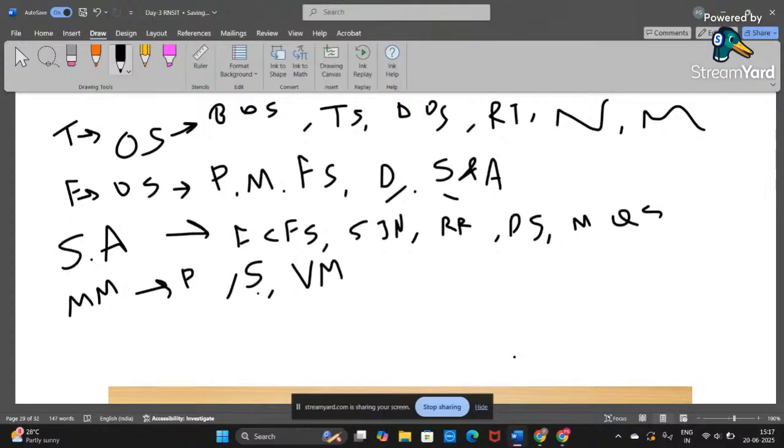Then what is segmentation? Memory is divided based on the logical division, like code, stack. Based on this, they are going to divide the memory.